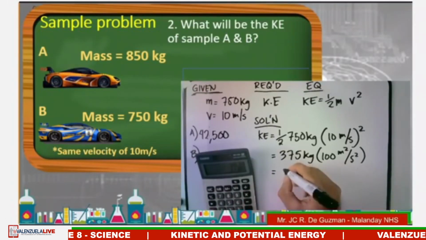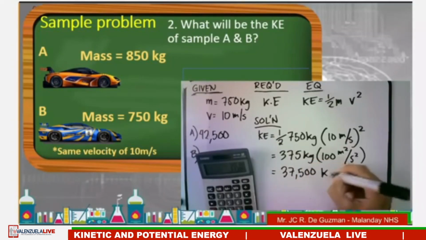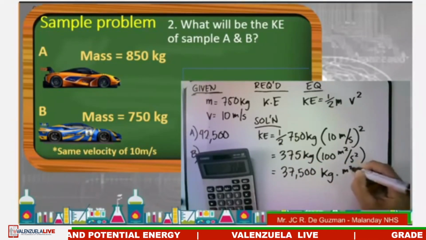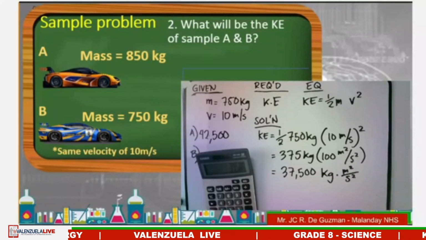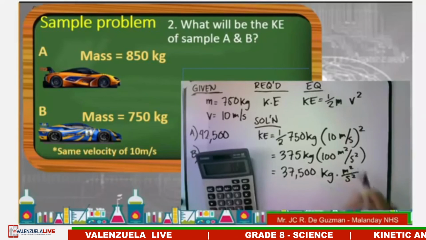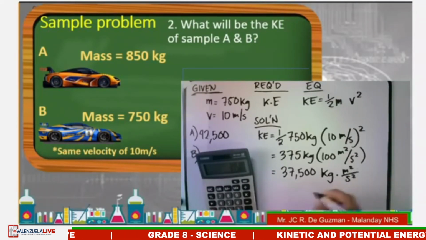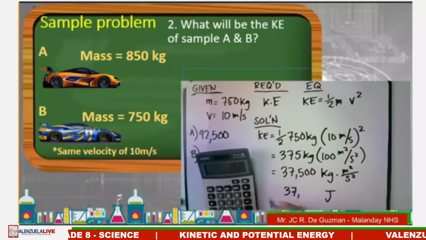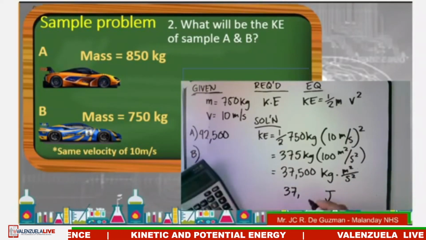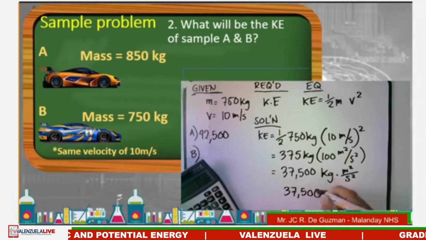That will give us an answer of 37,500 kilograms times meters squared over seconds squared. As we all know, this unit is the same as the unit of joule. So for our final answer, the kinetic energy of the object for the second part is 37,500 joules.